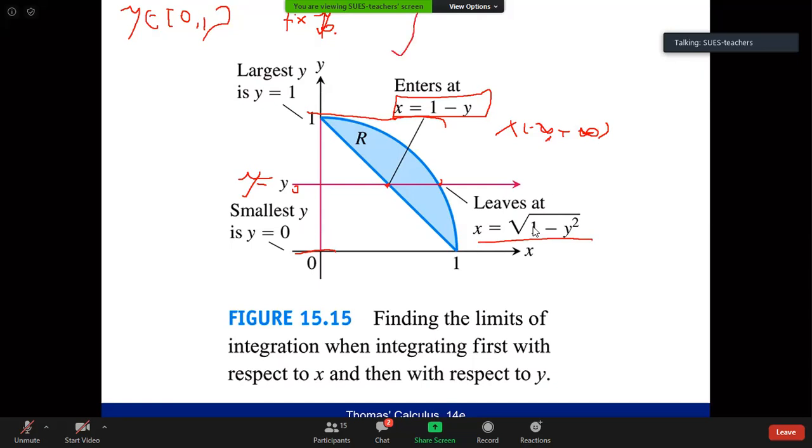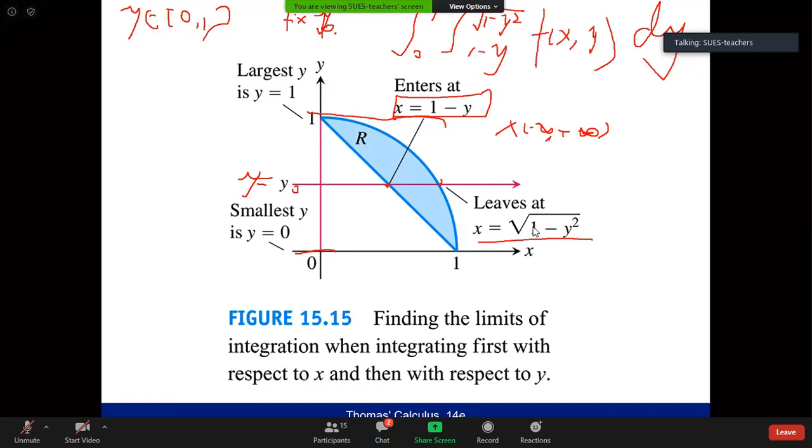So we define y from 0 to 1, dy. Then we define x: x is from 1 minus y to square root of 1 minus y squared, and f(x,y). Okay, did you see that?